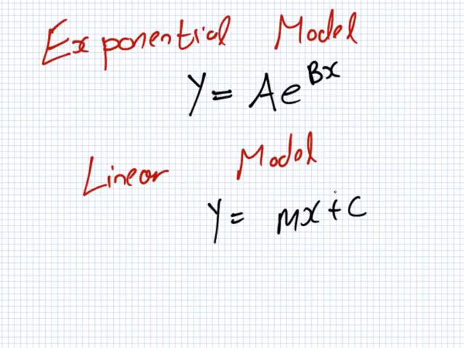To give you some examples in science, most things that grow in biology would be exponential. When you're looking at bacteria or cells, the growth would be exponential, but only for a certain part of the process, okay?